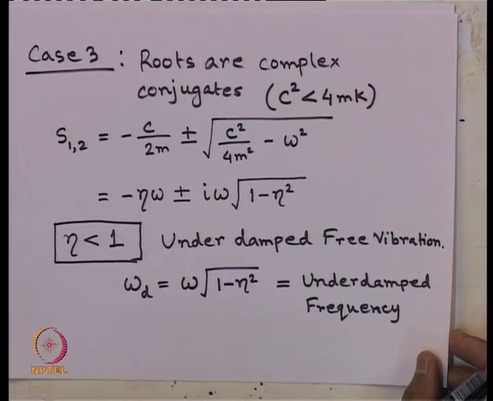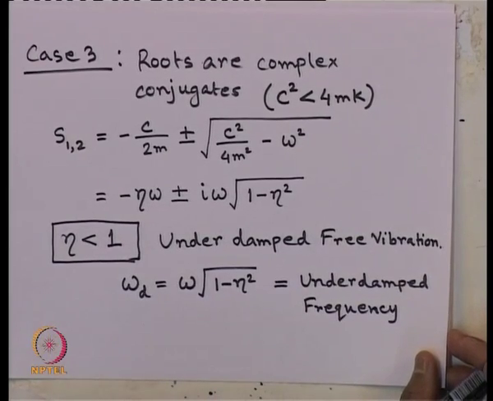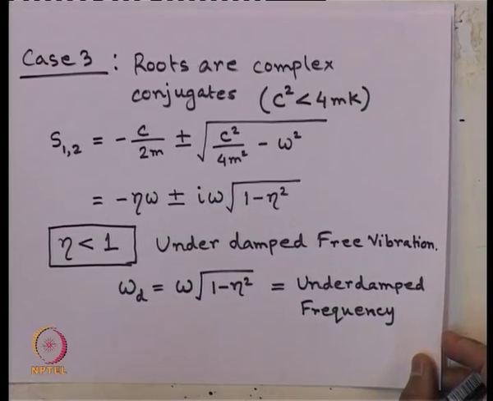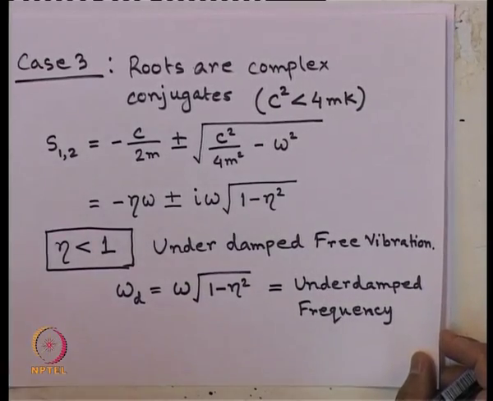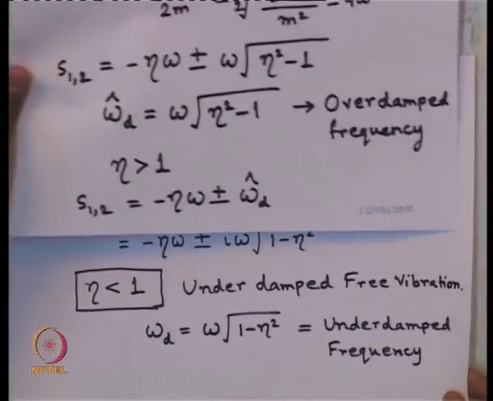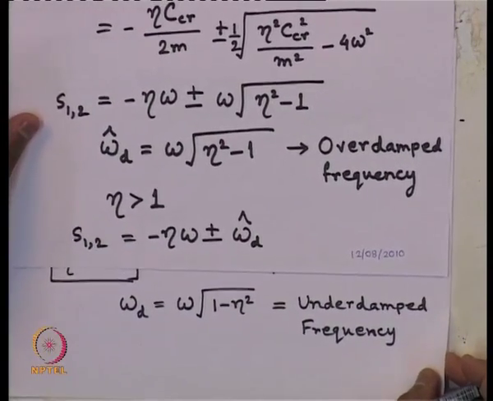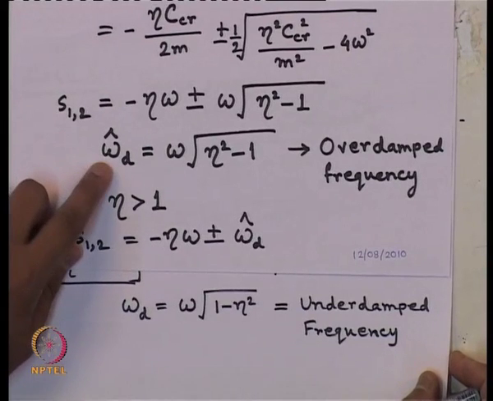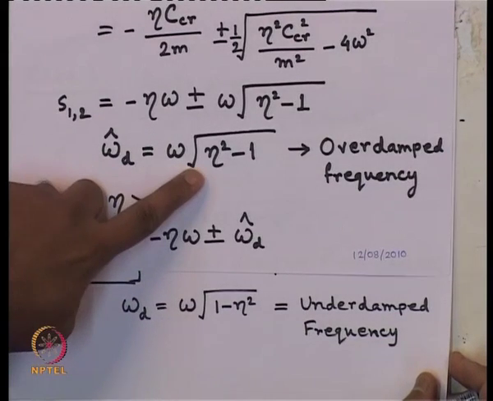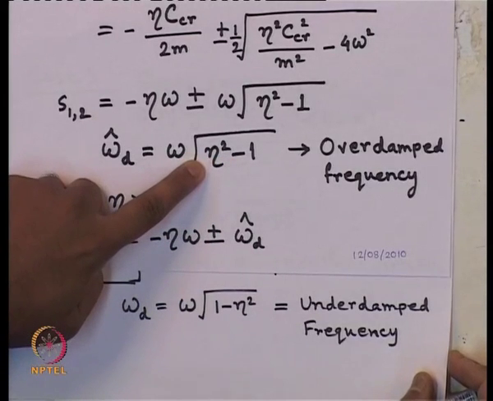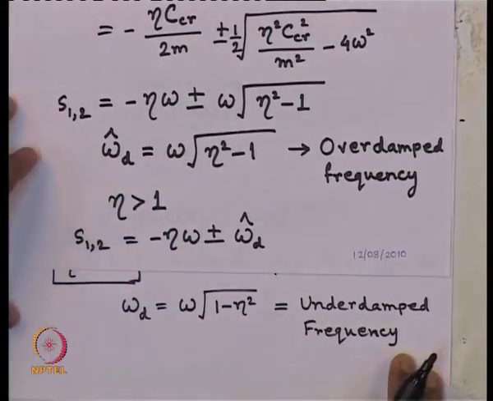And the difference between these two in terms of the expression, what we have seen for omega d cap, let us look here once again, so that it will be clear to us the difference between the two cases. Omega d cap was omega times root over eta square minus 1, because eta was always greater than 1 in that case, that is over damped frequency.